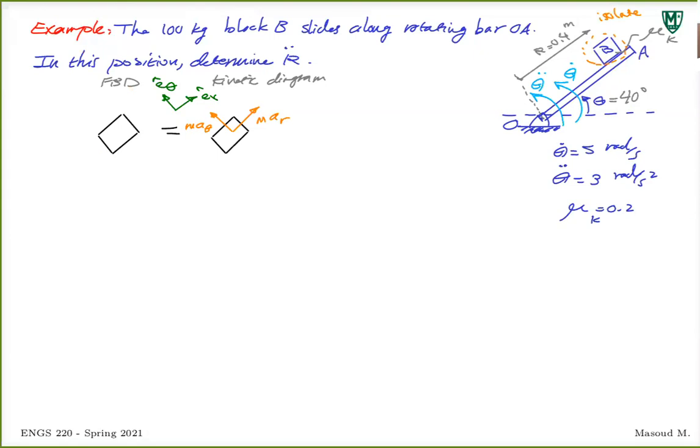Now, depending on how big your a_r is, there is a pretty good chance that it starts sliding up. It depends on what you get from the free body diagram on the left and whether the component of weight is going to overcome the friction or not. So the direction of friction is not actually that clear. We're just going to put one direction, as someone said, but keep in mind that it's not really clear, because I said it's sliding down, but I'm going to correct myself because we don't know how much the acceleration is in R direction. If it's a pretty good amount of acceleration, it starts going up.